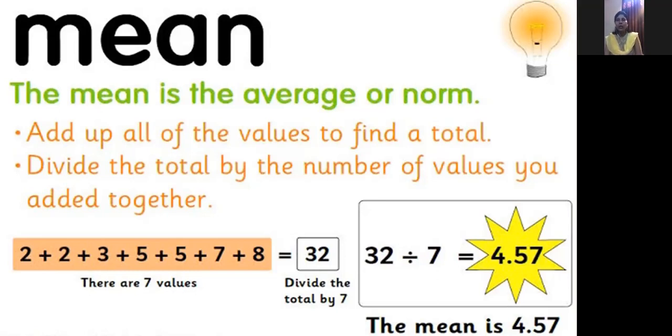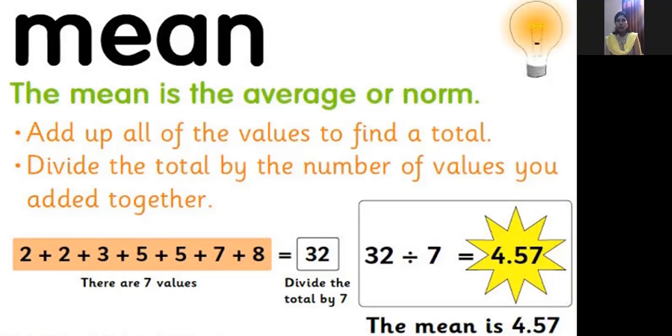So the example we have taken here is 2 plus 2 plus 3 plus 5 plus 5 plus 7 plus 8. That means these are the data observations given. And we add up all these values to find the sum, which we get 32. After that, we count the number of values given.